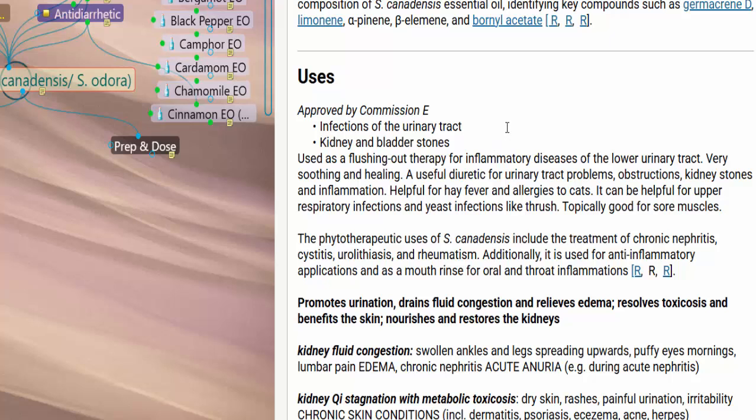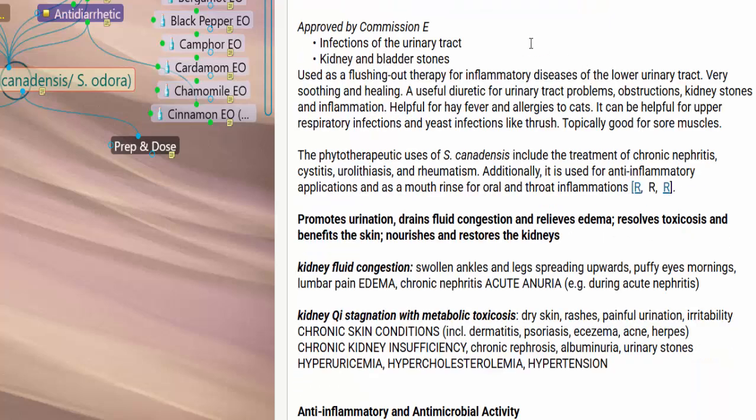It's used as a flushing out therapy for inflammatory diseases of the lower urinary tract. Very soothing and healing. A useful diuretic for urinary tract problems, obstructions, kidney stones, and inflammation. I think it would be nice mixed with marshmallow. Helpful for hay fever and allergies to cats. It can be helpful for upper respiratory infections and yeast infections like thrush. Topically, you can use it for sore muscles.